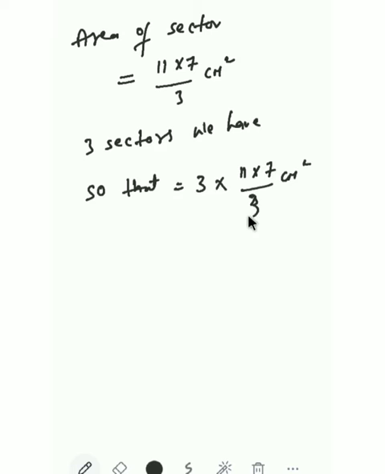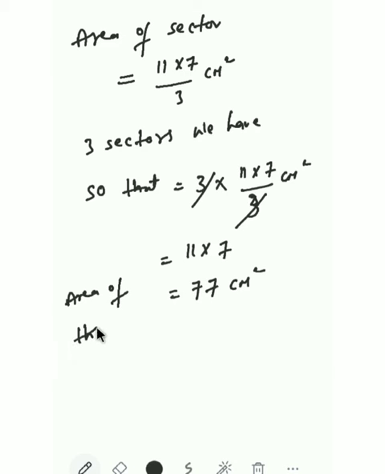Now this 3 gets cancelled. 11 into 7 becomes 77 centimeter square, which is the area of 3 sectors. And the given area of triangle ABC is 49 root 3 centimeter square.